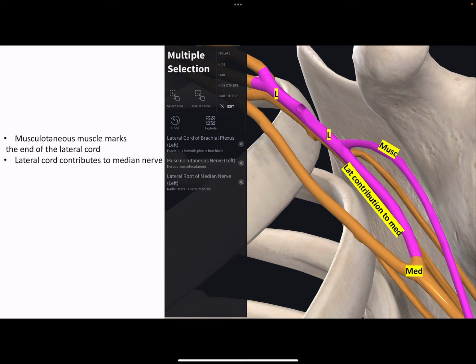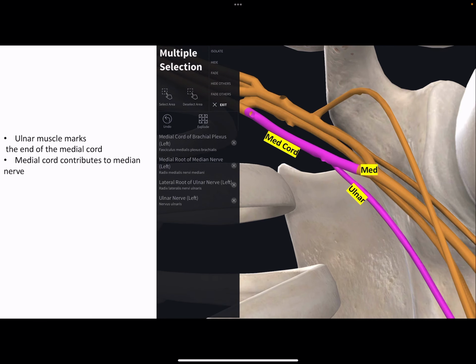Moving to the lateral cord, again we have kind of the same thing, bump, bump, bump. This became the musculocutaneous right there. And we see the lateral is kind of becoming the musculocutaneous, and it's still going a little bit, but it's just merging into the median. So it's kind of done once it makes the musculocutaneous.